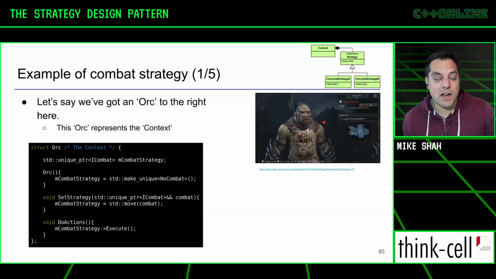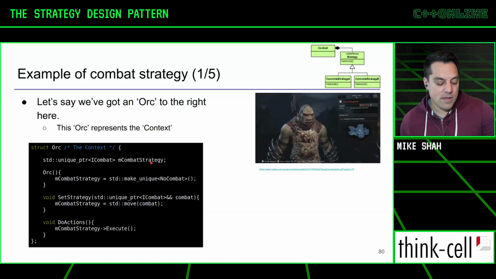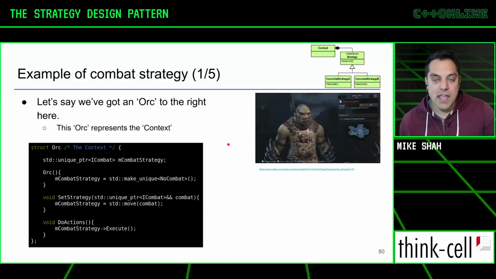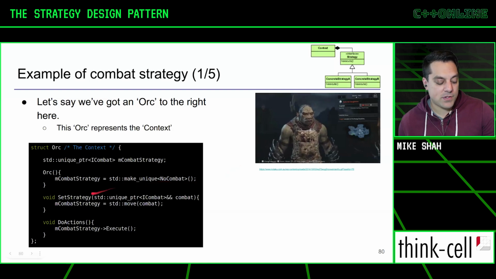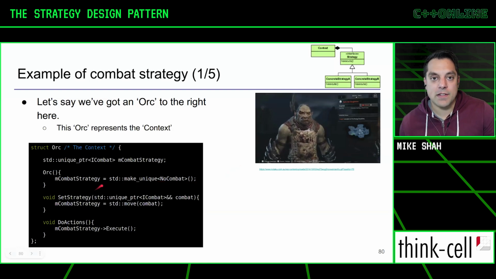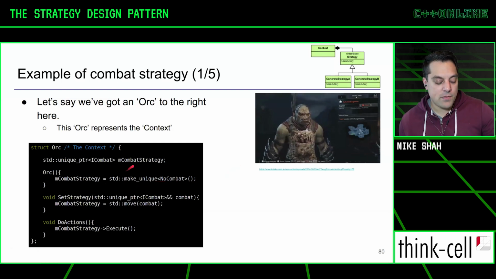There could be one or hundreds of these in the game at a time. Maybe for whatever runtime behavior, they're not doing combat, or they're doing combat from a distance, or near somebody, whatever the reason might be. We want different combat strategies where we could change the behavior.